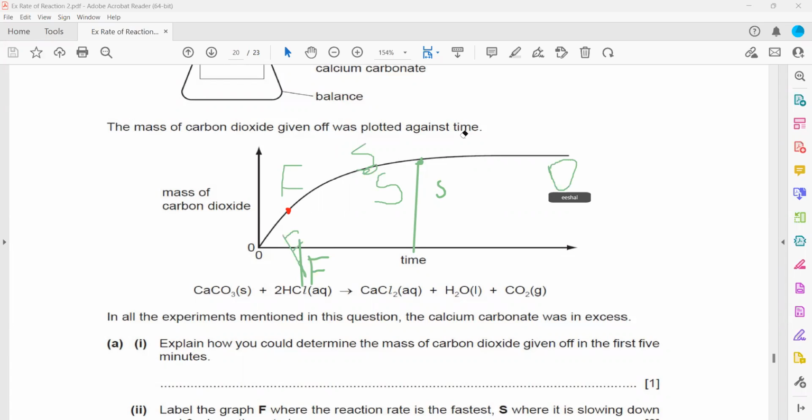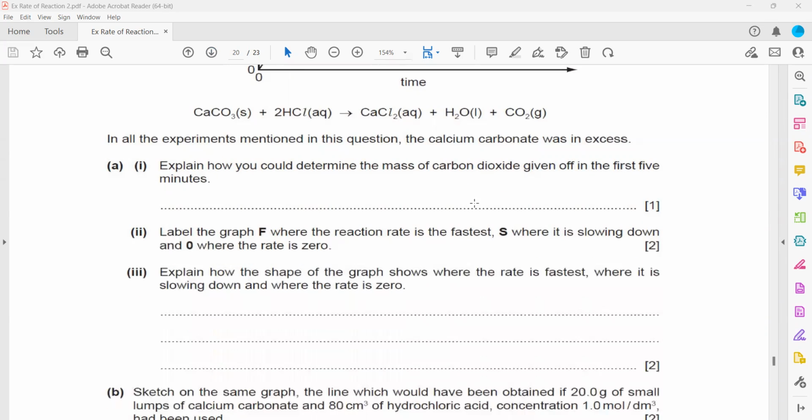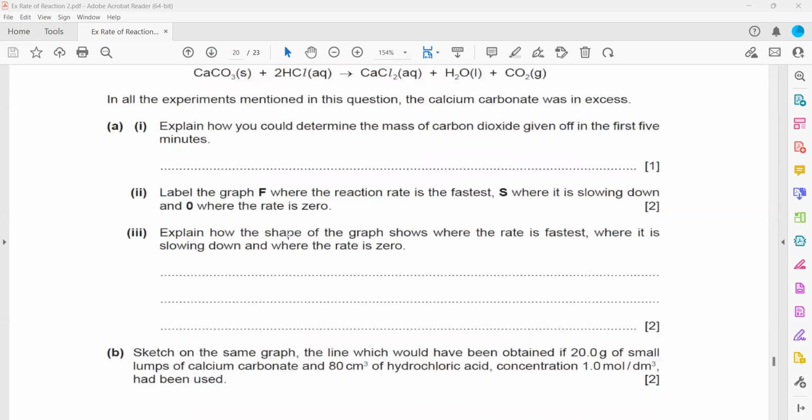This will be 0. Here you can mention S anywhere in this region, and in the beginning it is fast. So it is fast, slow, and the reaction stops. The calcium carbonate is in excess.